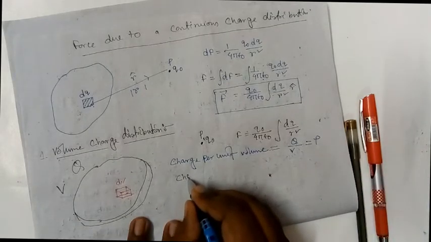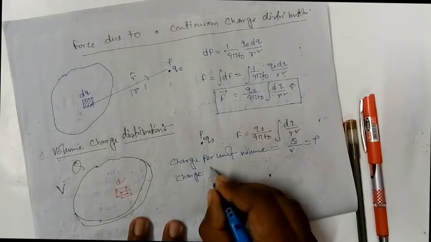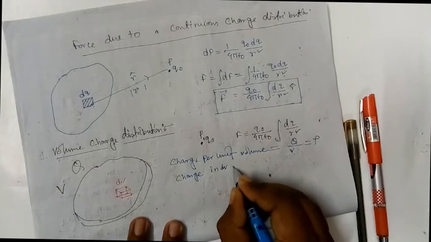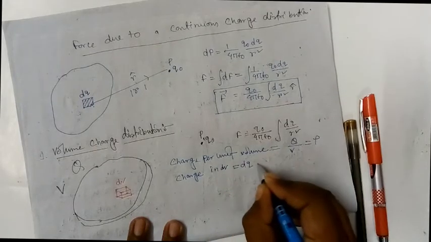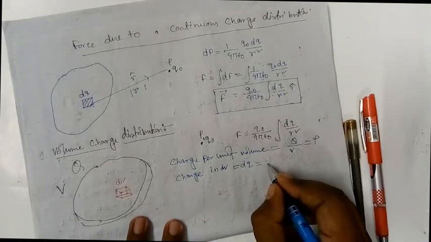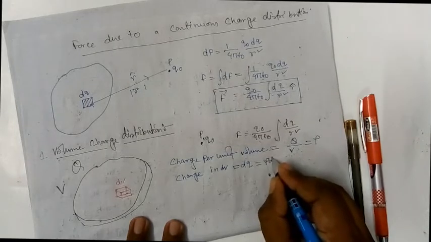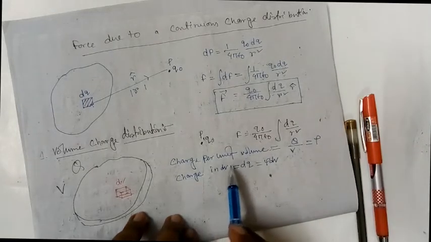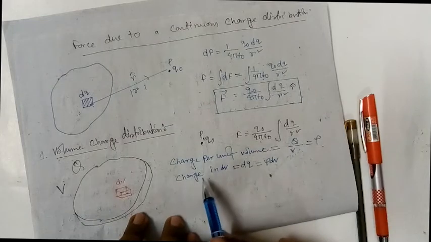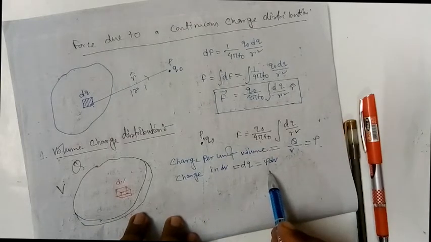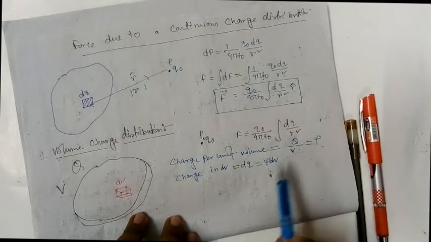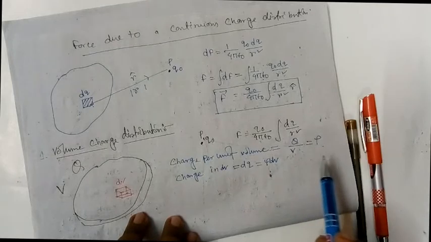So the charge in dV, which we have taken as dq, should be rho into dV. If for unit volume it is rho, for dV volume it should be rho dV. So instead of dq we write rho dV.